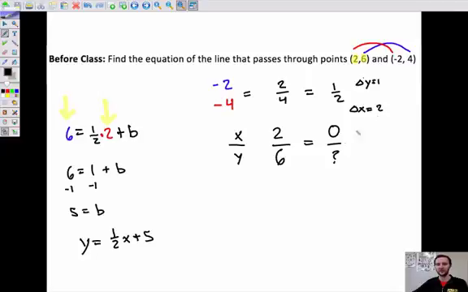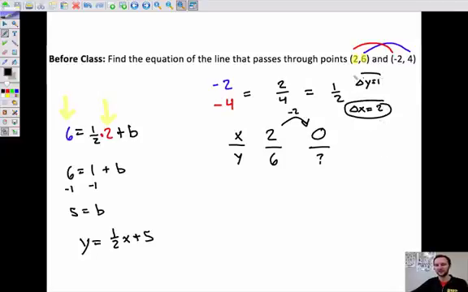If I increase my x by 2, then I increase my y by 1. Okay? So if I want to get from an x value of 2 to an x value of 0, what I'm really doing here is subtracting 2. Okay? And if I had a corresponding y value of 6, and I want to know what this is, I've changed my x going down by 2, so that means I have to change my y by going down 1.